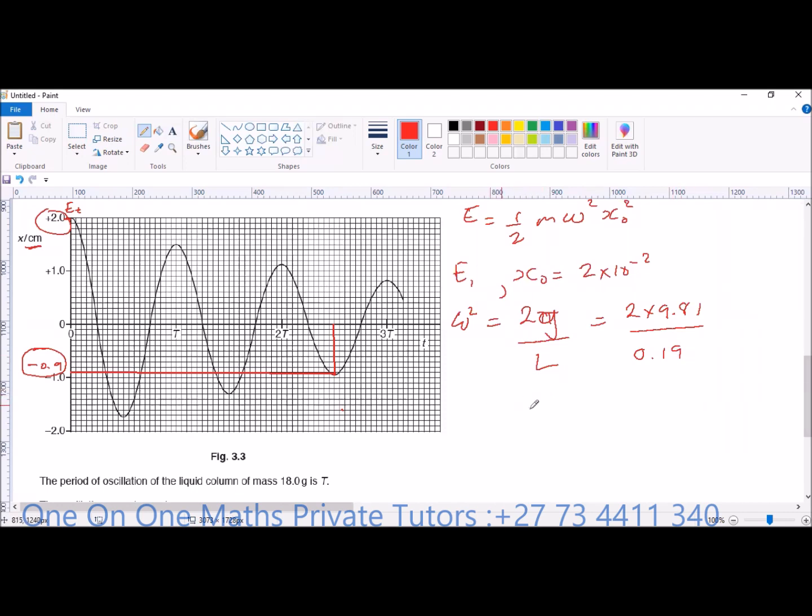What else do we need? Mass is 18 grams. We have to convert this into kgs. So it's 18 over 1000, which is the same as 18 times 10 to the minus 3.